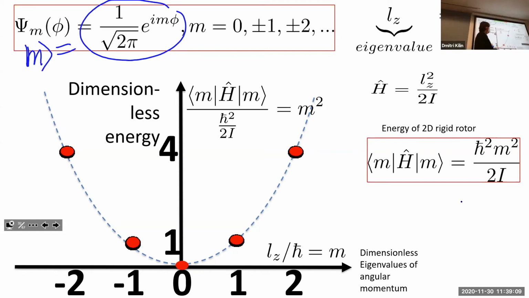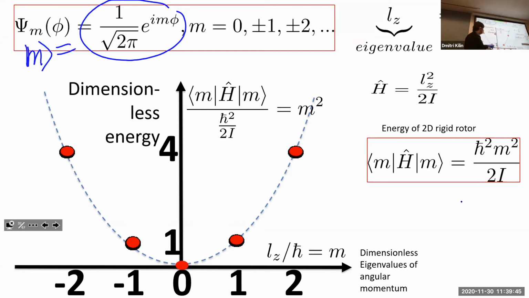Then if we plug in the operator of total energy between the sandwich, and the operator includes a second derivative, then by taking the second derivative of the exponential twice, it will come up front, and the functions will cancel each other. So the energy of rotations will be the magnetic quantum number squared over inertia.